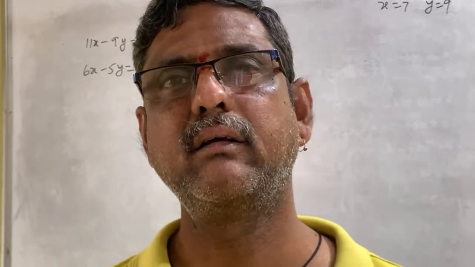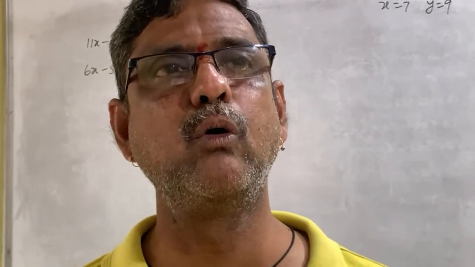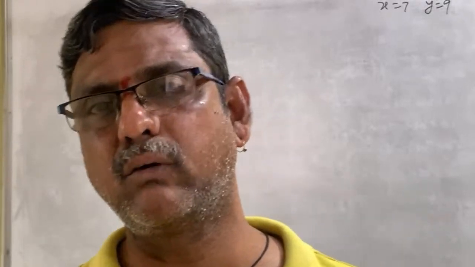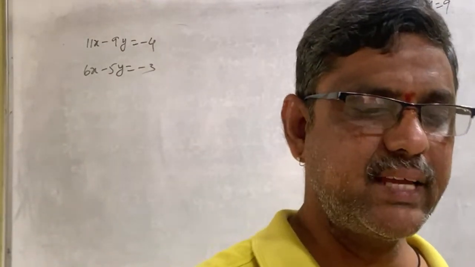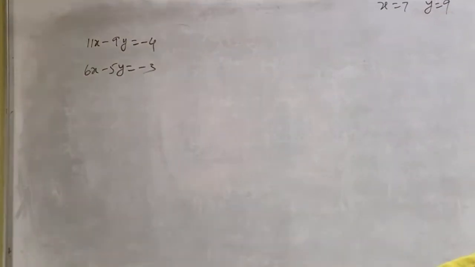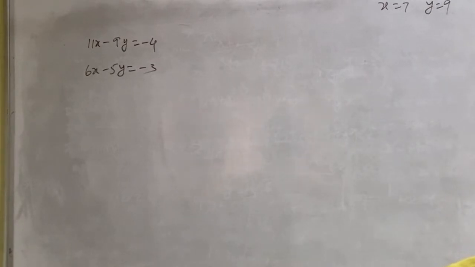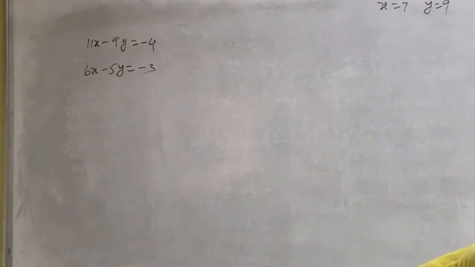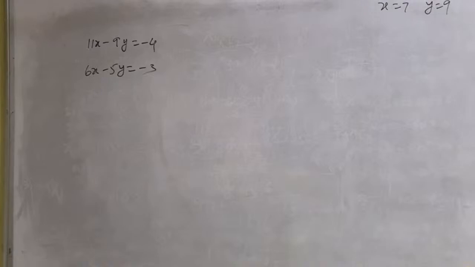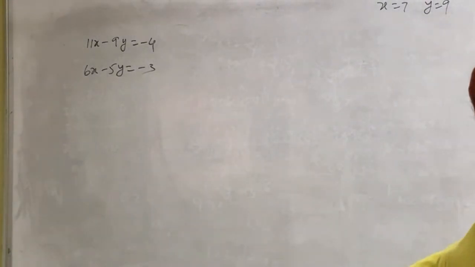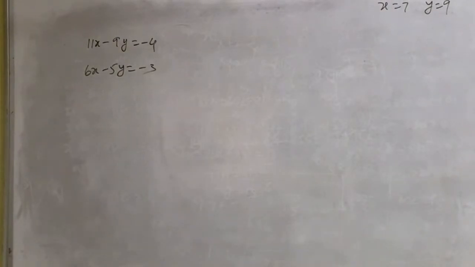Okay. Then you can move forward or you can move backward also. Let the present age of Jacob be x years and his son be y years.